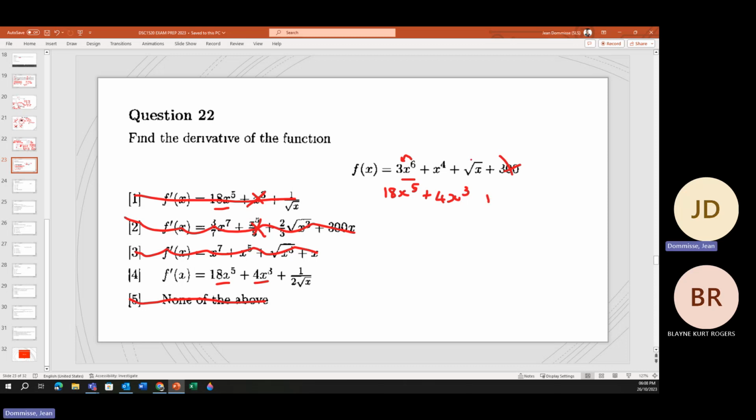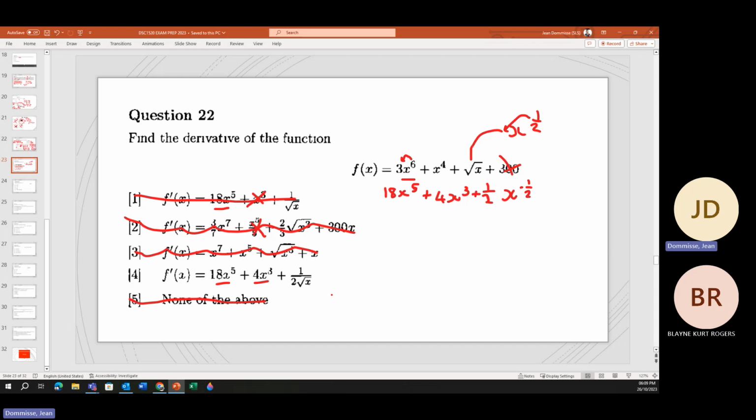So let's look at that one. So that is x to the power of a half. So it's a half, and then it will become x to the power of a half minus 1. It's x to the power of minus a half.